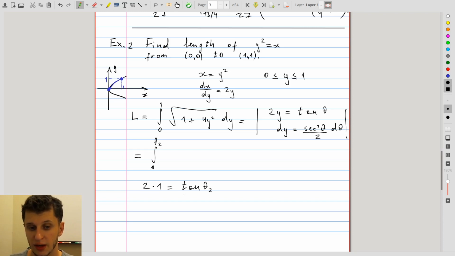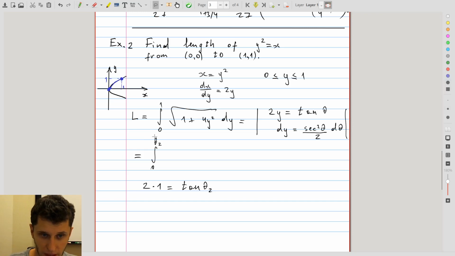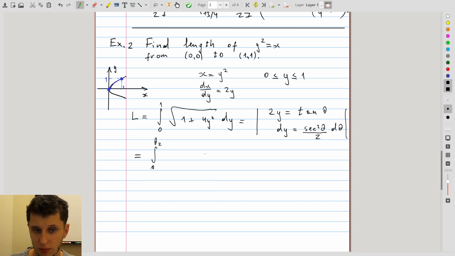So this looks like an angle that has tangent equal to 2. This angle is not easily expressed through pi, and we don't necessarily care about it, not yet at least, right? Not until we actually try to evaluate this integral. So my suggestion is we just keep this angle as theta 2. So we'll call this angle theta 2, and for now leave it at that.